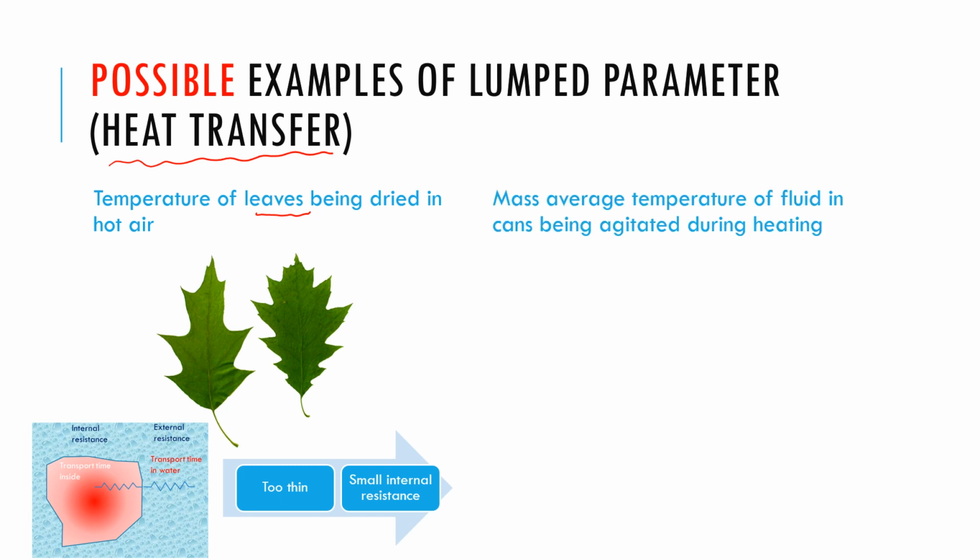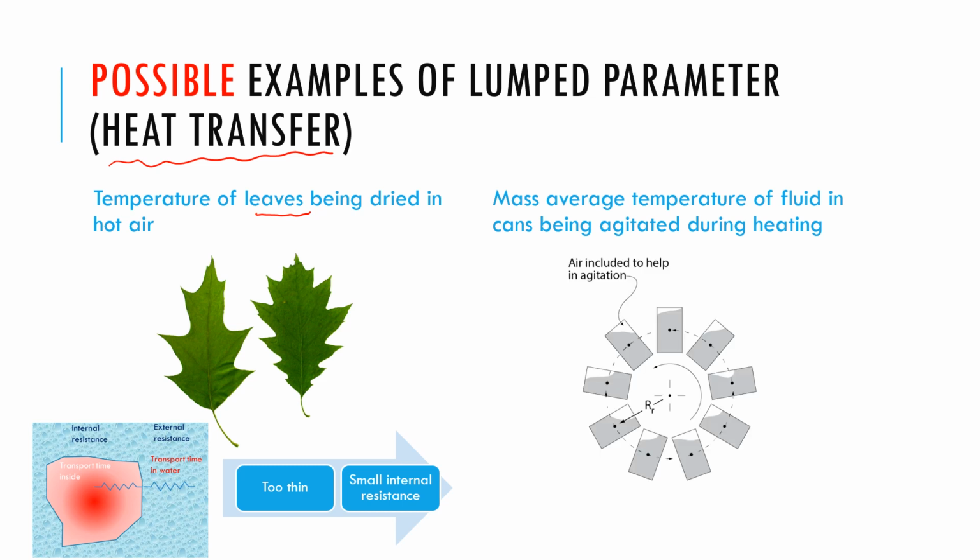is thinking of the average temperature of fluid in a can that's being agitated. If the can is being agitated, so the contents are being mixed very well, then the mixing reduces the resistance between deep inside and the surface, because it doesn't take heat much effort to go from inside to outside since it's all being mixed.